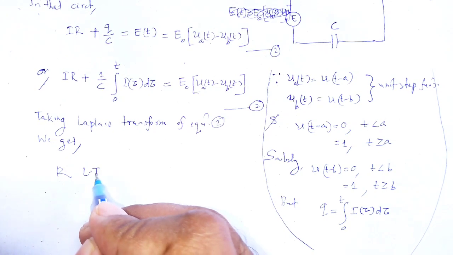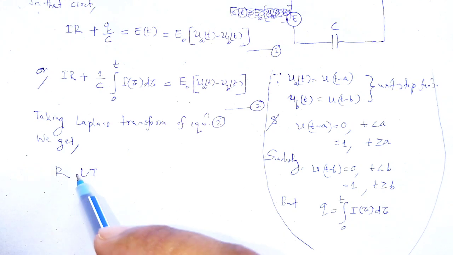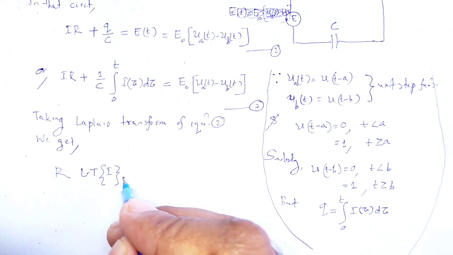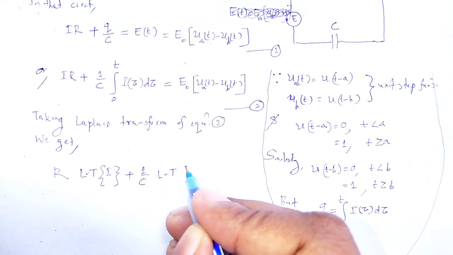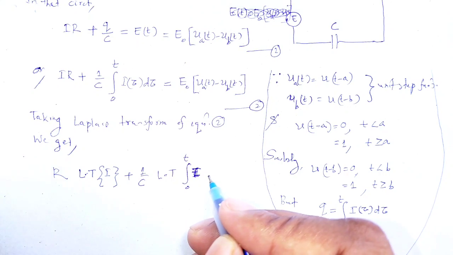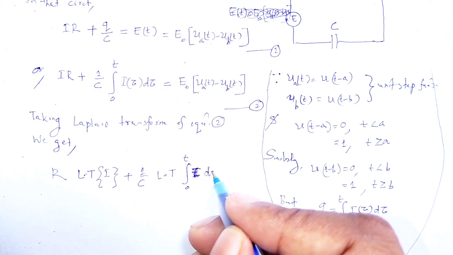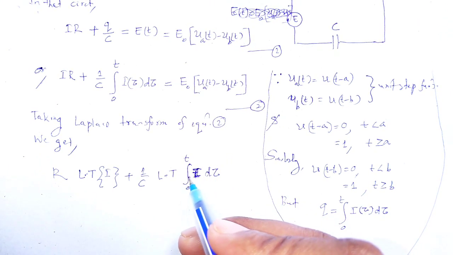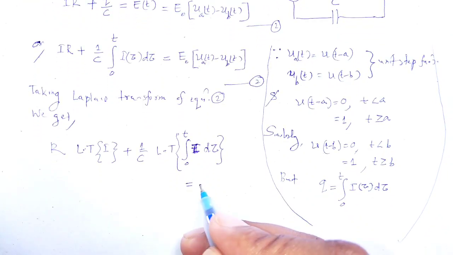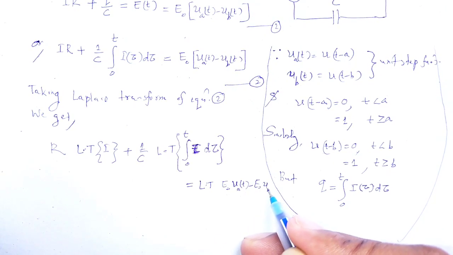Here we take the Laplace transform LT, as there will be the sum of the terms like L and T. So, instead of writing only L, we just write LT as Laplace transform of I plus 1 by C Laplace transform of the integral 0 to t of I d tau is equal to Laplace transform of E naught u_a at t minus E naught u_b at t.